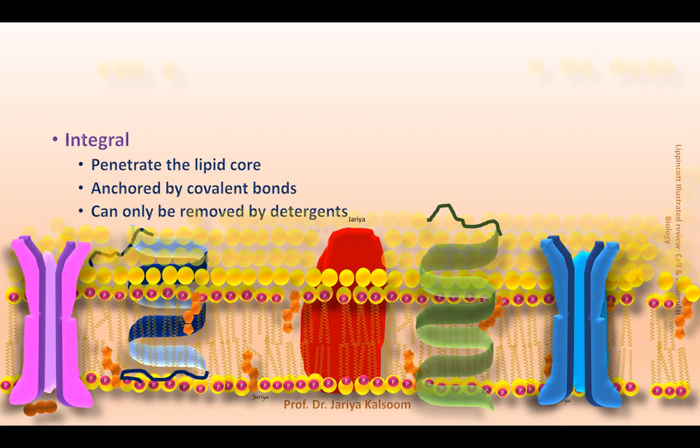They form pores and contain more than one membrane spanning alpha helix or beta sheets curved into a cylinder or barrel. They may have a lipid anchor, anchored by covalent bonds. These can be removed by detergents.